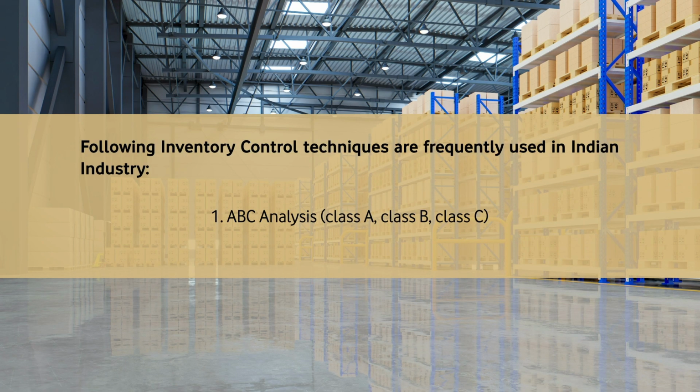ABC analysis, in a short way, you can say is always better control, meaning class A, class B and class C. The second is the VED analysis: vital, essential and desirable. The vital items are the most important, the essential are less important than vital, and the desirable are less important than essential.